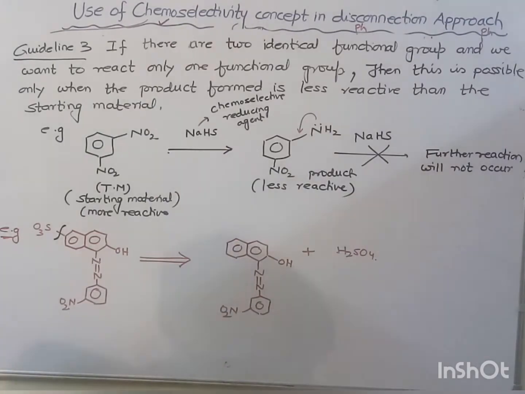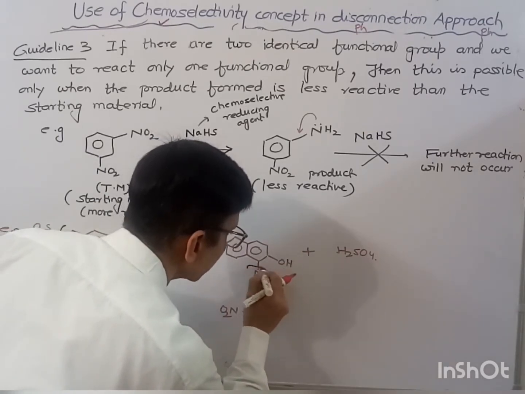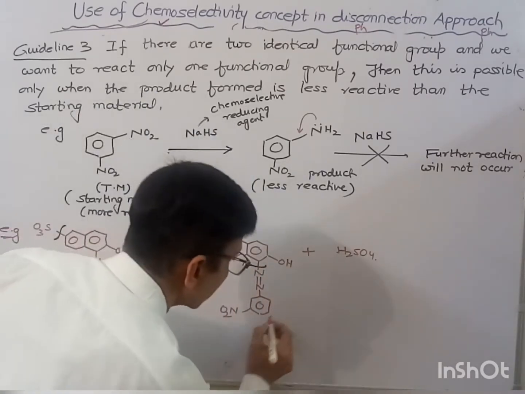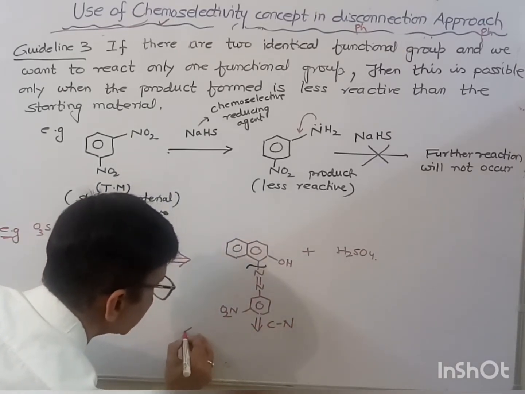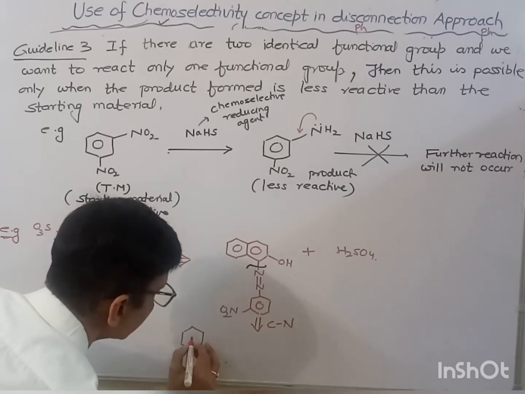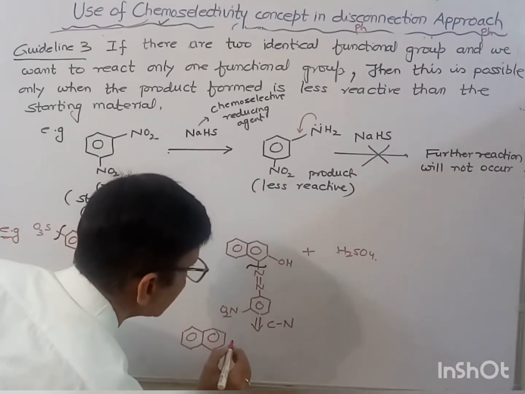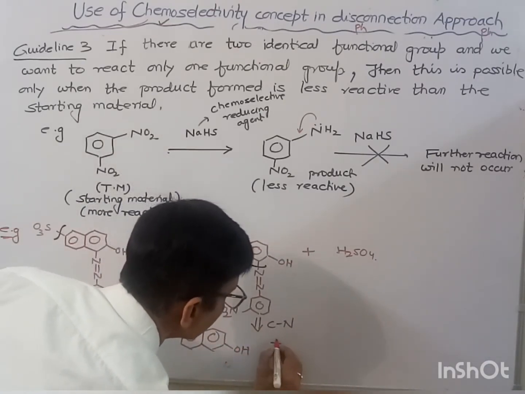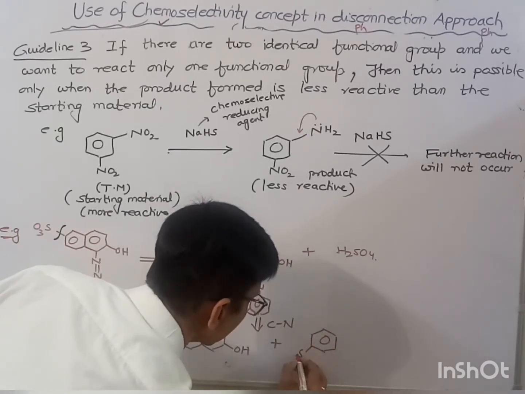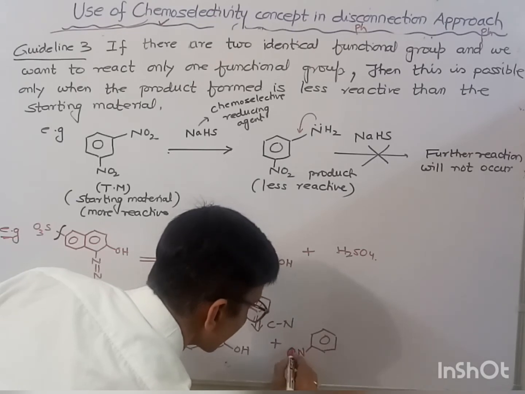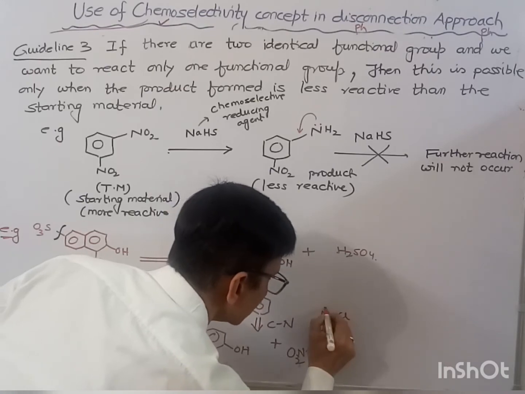Now this can further be disconnected. I can disconnect it from here, and we can do a C-N disconnection, and we get naphthol plus diazonium salt.